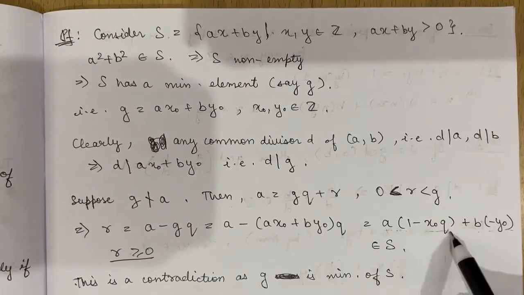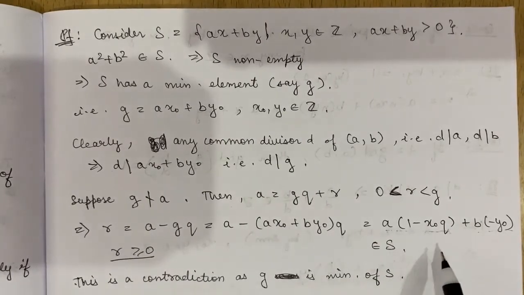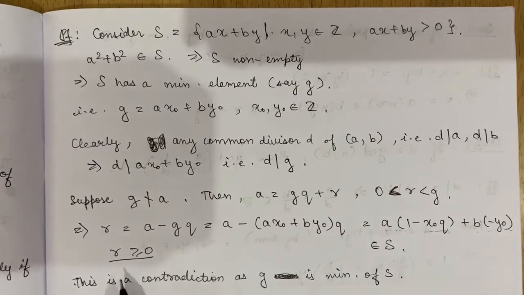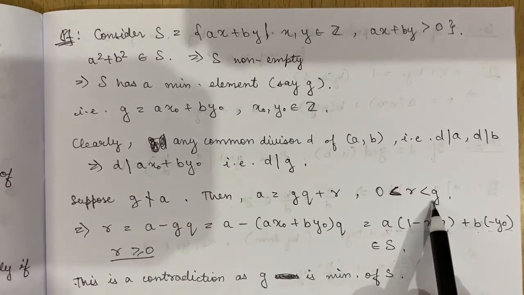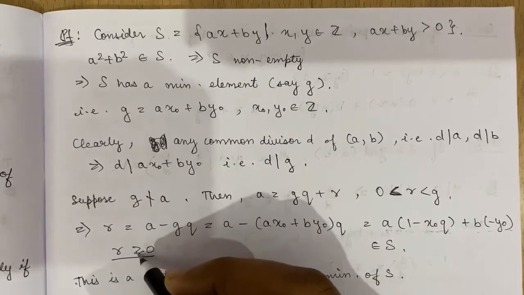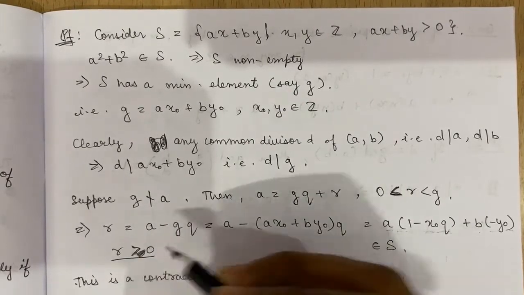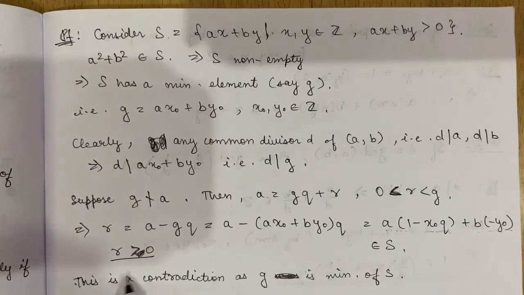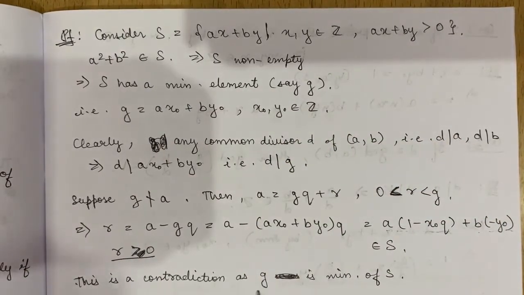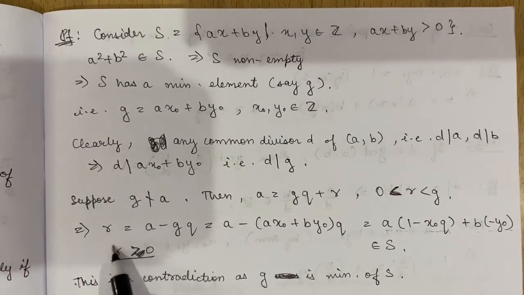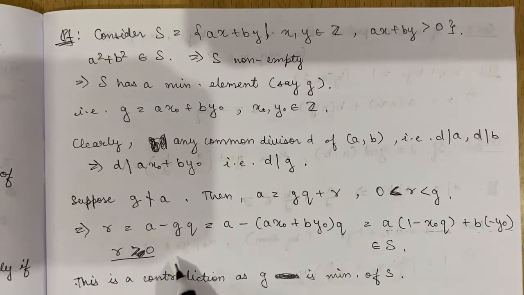So this R also lies in this set S. R is greater than 0 and R is less than G, which means R belongs to the set S and is less than G, which is a contradiction because we assumed that G is the minimum of S. If we assume that R is non-zero, then we get R as the minimum element.